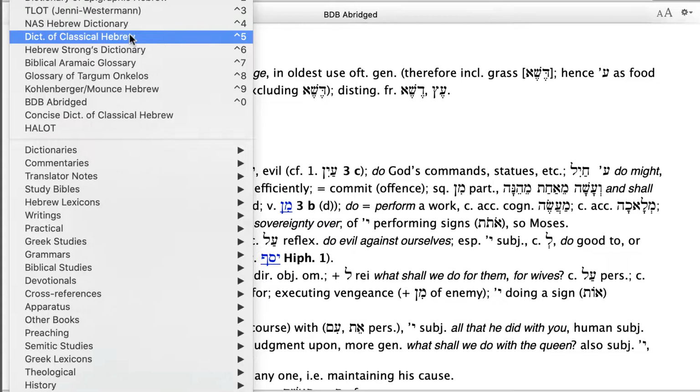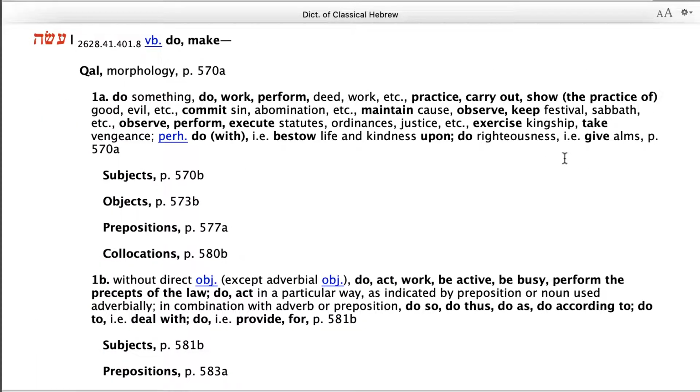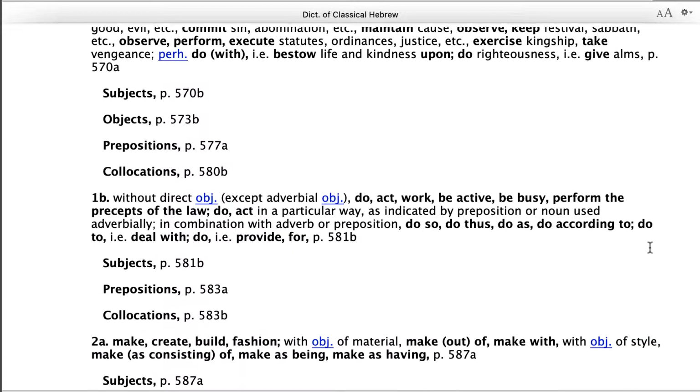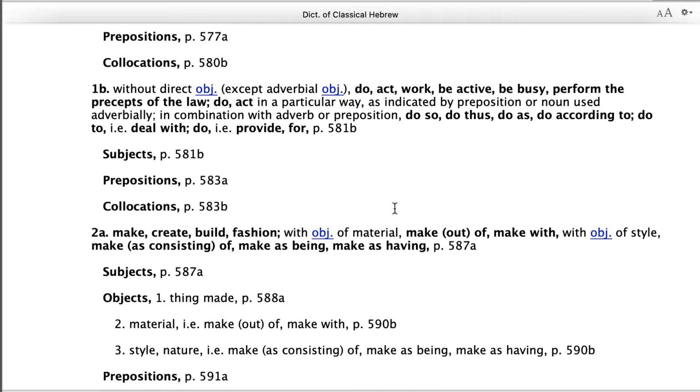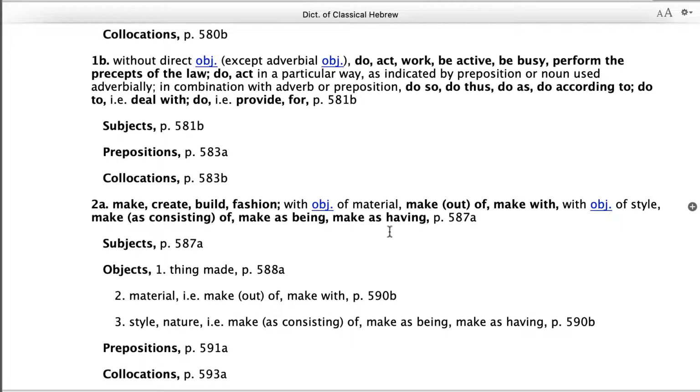You'll see that there is extensive discussion of lexical range and the shades of different meanings of the verb. So you can have to do something, but it's not just to do, but the concept of doing is divided up into a dozen different types of doing. And the concept of making is divided up into lots of different ways of making or ideas of making.